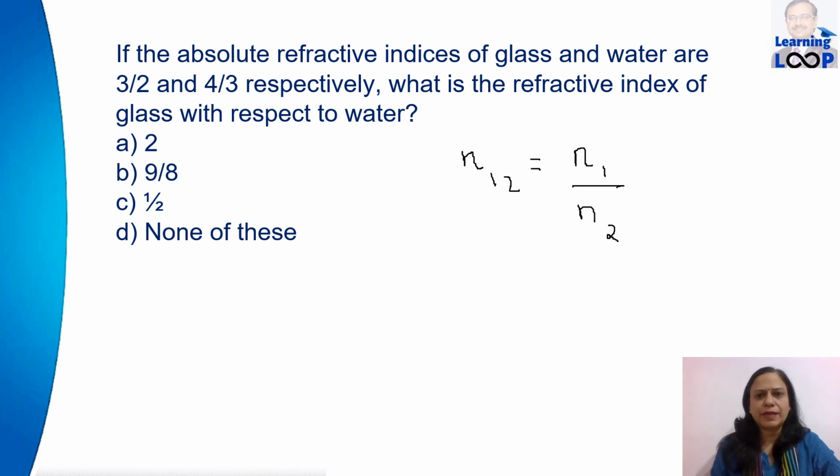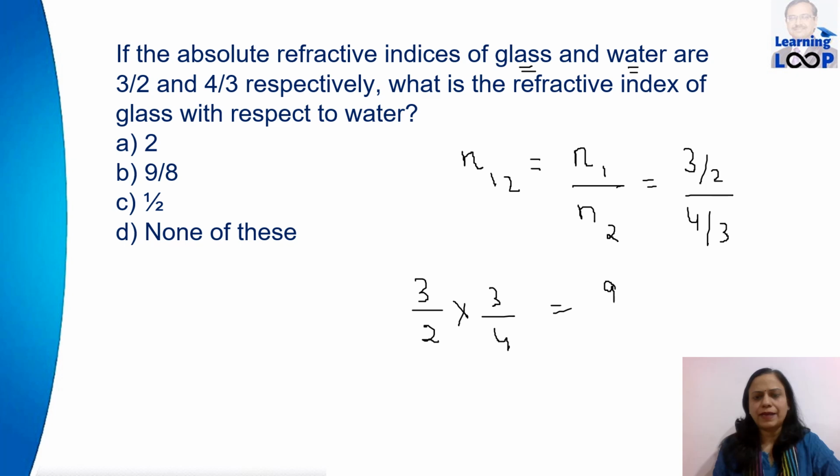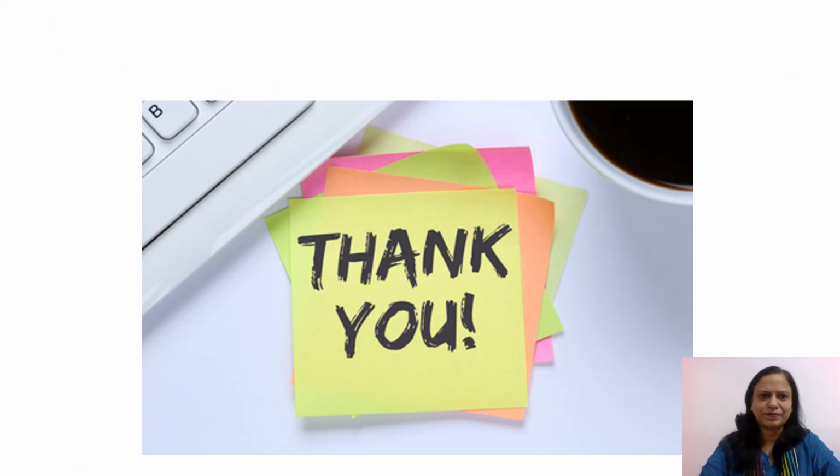In this case, medium 1 is glass and medium 2 is water. For glass it is 3/2 and for water it is 4/3. So it becomes 3/2 times 3/4. That makes it 9/8. So option B will be the correct answer for this particular question.